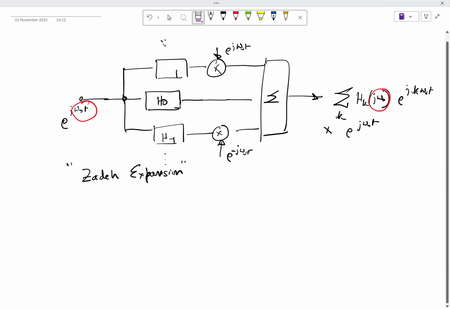So now, what we need to be mindful of is that these are all functions of omega naught.